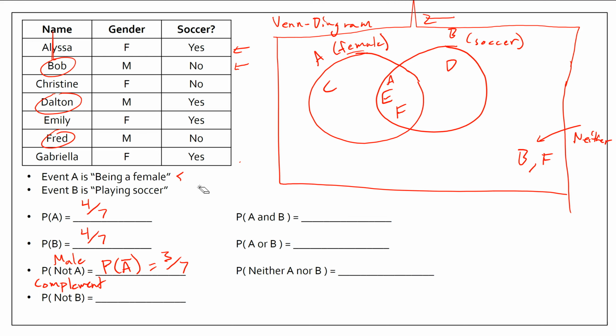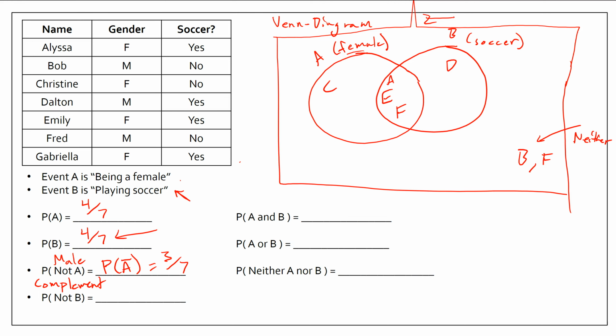So again, if event B is the probability that you're playing soccer, event not B is going to be the non-soccer players, right? So again, what we can do is look at the soccer players. Hey, there are 4 of them.